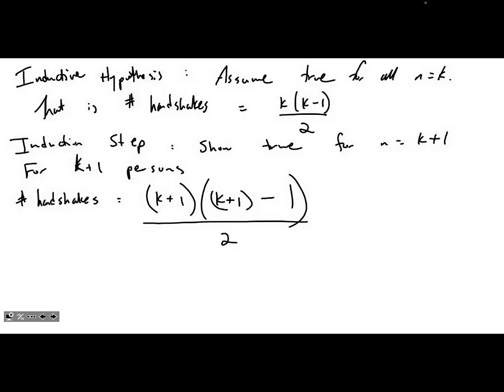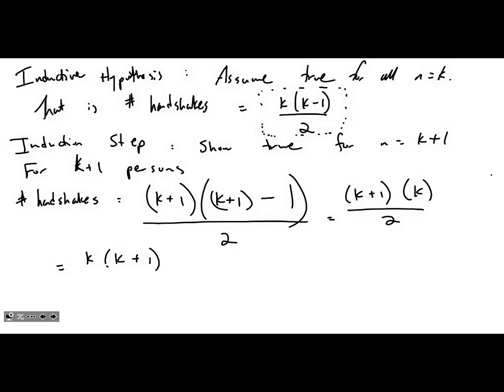Now, if I clean this up a little bit, I'm looking at this inductive hypothesis, which is k times k minus 1 over 2, but instead of writing a k, I'm just writing a k plus 1. Okay? So the number of handshakes will be k plus 1 times k plus 1 minus 1. This then would equal k plus 1 times k over 2. And if I rearrange, that's k times k plus 1 over 2.